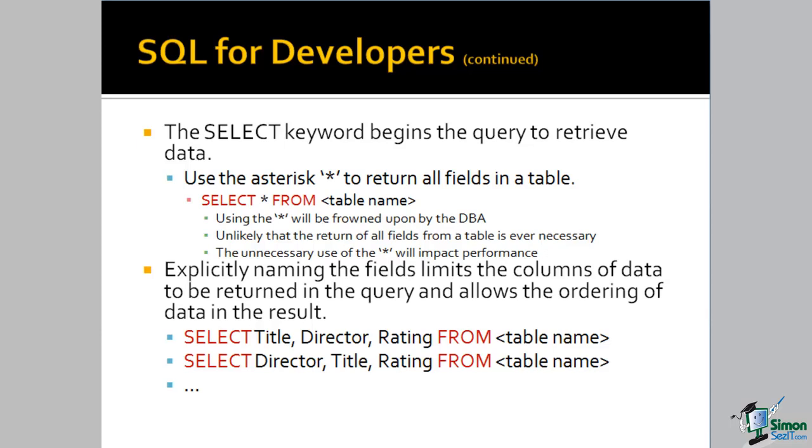So when we write a select statement, we follow the select keyword with the names of the columns of data that we're interested in. Again, often we're not interested in all of the columns within a table, but some subset of those columns. We can list that set of columns that we're interested in for the application in a comma-separated list after the keyword select, followed by the from keyword and then the name of the table containing the data.